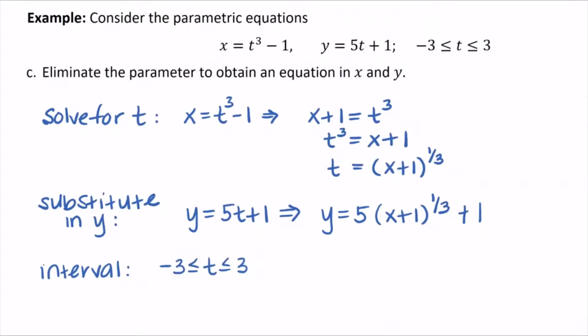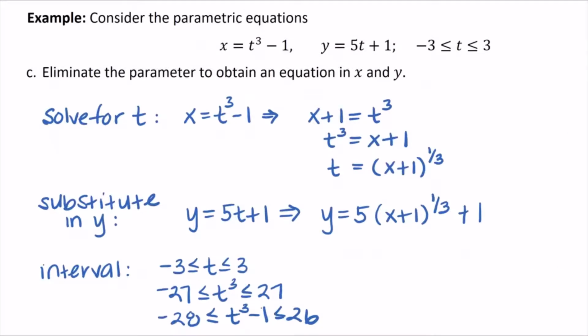Recall that negative 3 was less than or equal to t was less than or equal to 3. Thus, by cubing, this gives us negative 27 is less than or equal to t cubed is less than or equal to 27. And by subtracting 1, we get negative 28 is less than or equal to t cubed minus 1 is less than or equal to 26.